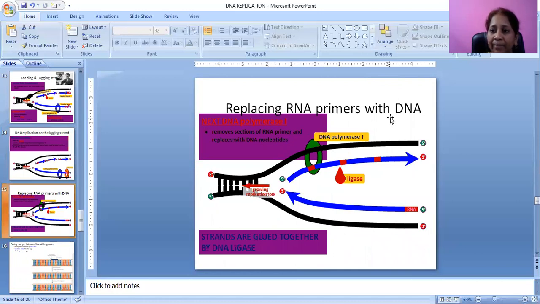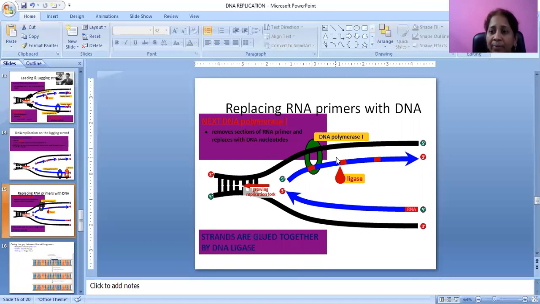Replacing RNA primers with DNA. DNA polymerase I removes the section of RNA primer and replaces it with DNA nucleotides.